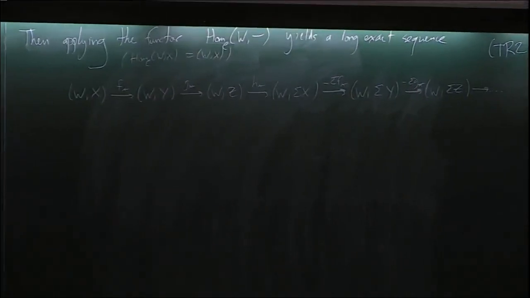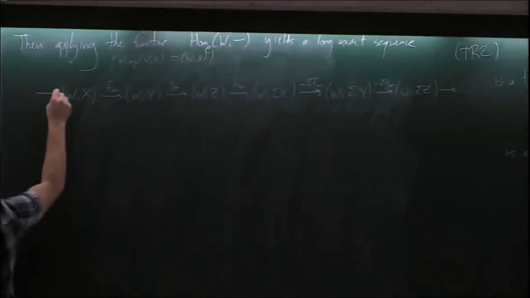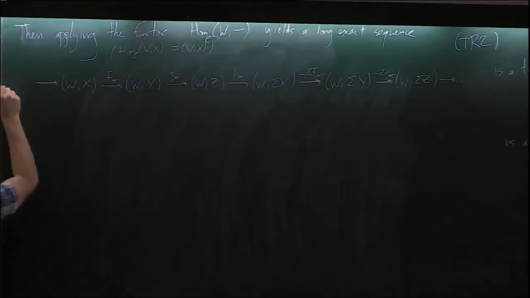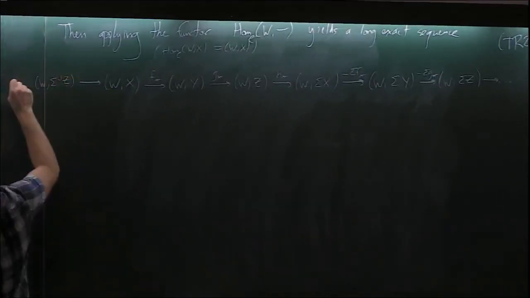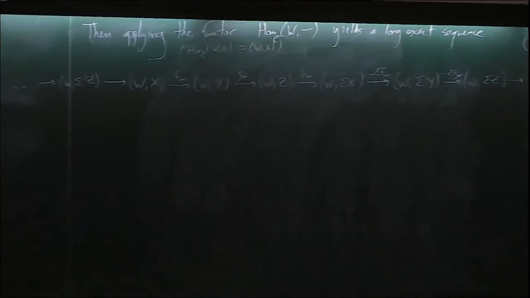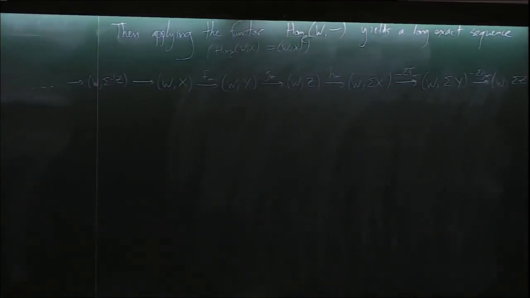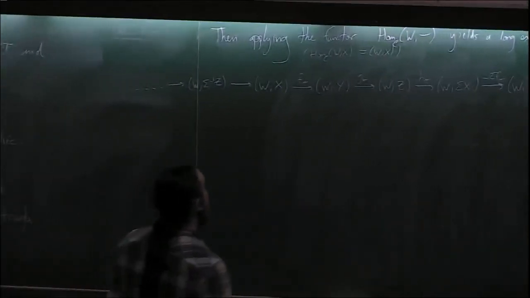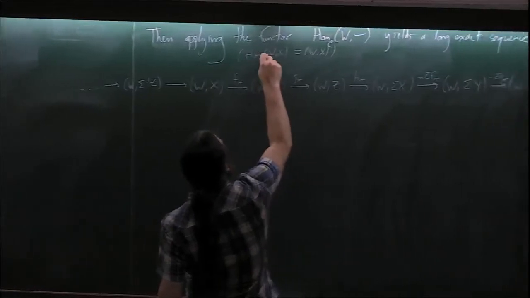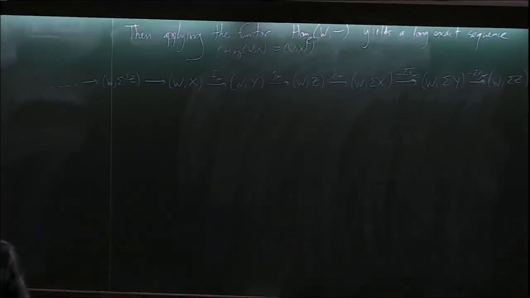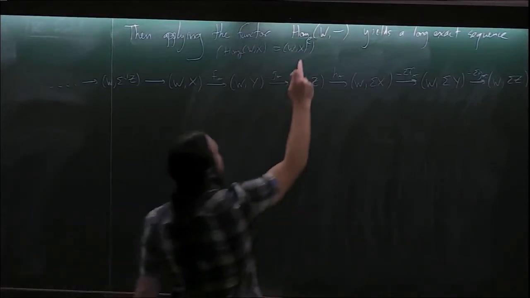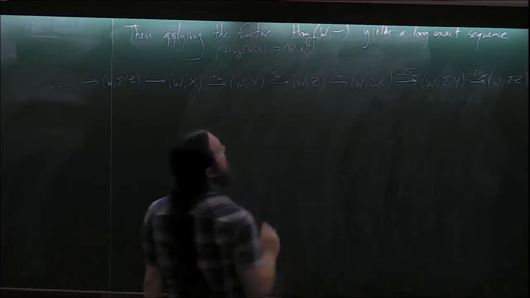And of course, rotations go both ways, so I could come from this side as well. And I get the long exact sequences of vector spaces. Sorry, my category T, my triangulated category. I should change this as well. Thank you.